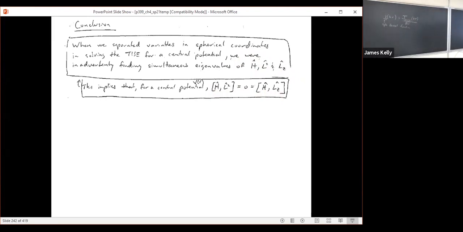So we already know, just by virtue of separating variables, a whole lot about the eigenfunctions of L squared and LZ. They are our spherical harmonics, and in fact, you can multiply by any function of R times the spherical harmonics, and you would get simultaneous eigenfunctions of L squared and LZ.